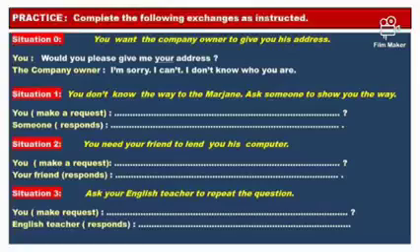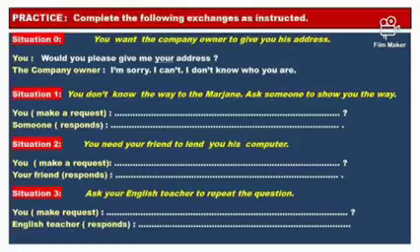Concerning situation 1, you don't know the way to the Marjan. Ask someone to show you the way. You can think of this, you make a request and someone responds. Situation 2, you need your friend to lend you his computer. You make a request, your friend responds.